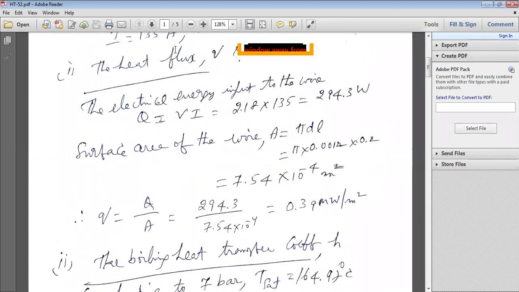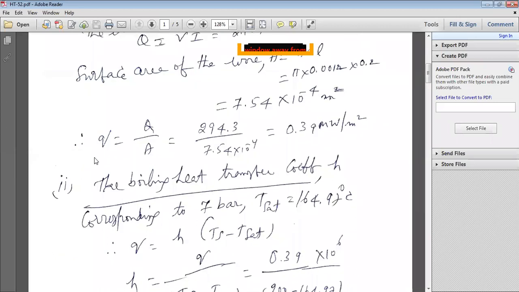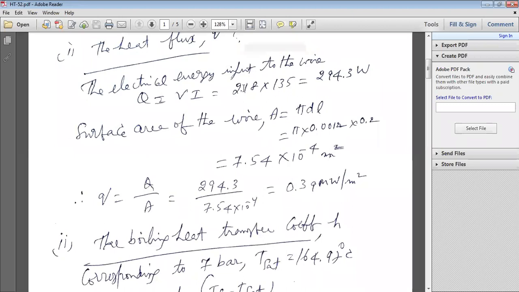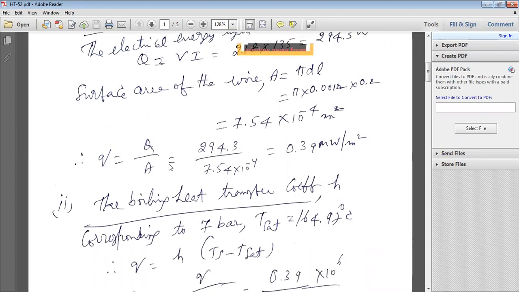Then heat flux, first bit. How do you calculate heat flux? Heat flux is the total heat transfer rate divided by area. That is equal to the total heat transfer rate from the electrical energy input, that is 294.3, divided by the area, 7.5 into 10 power minus 4, that you have calculated now.